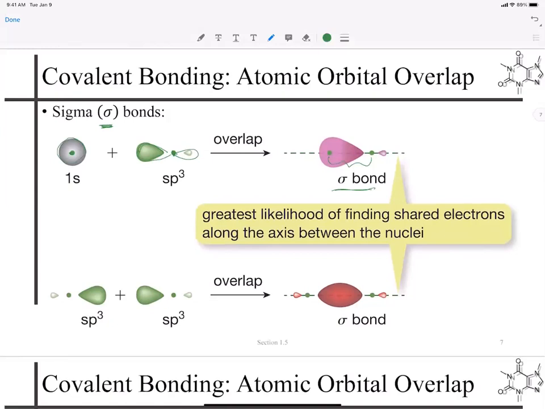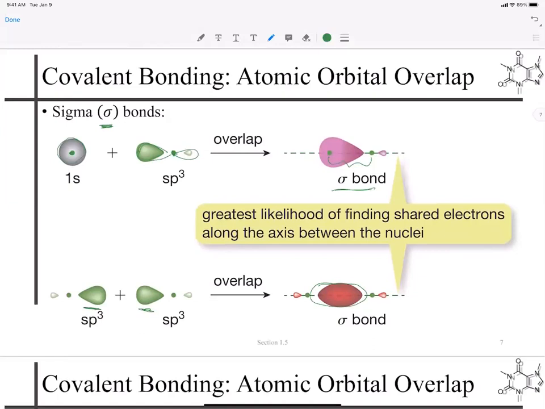We can get the same type of bond, a sigma bond, by having either two p orbitals or two sp3 hybrids overlapping. So again, you've got a shaded lobe here and a shaded lobe here, coming together to overlap. And when they add together, you get constructive interference. So you get something that looks sort of like this.